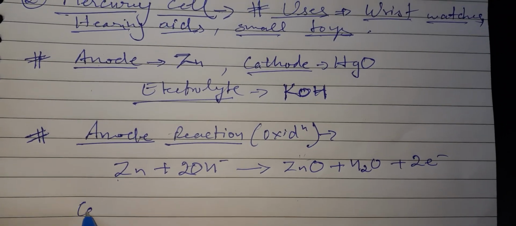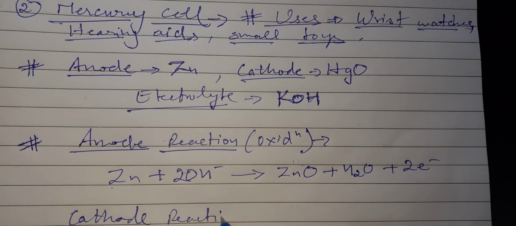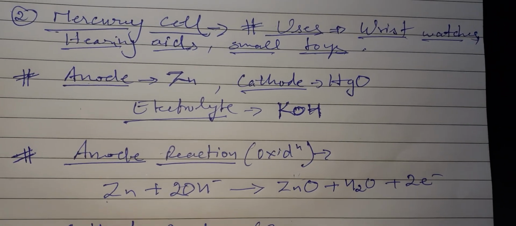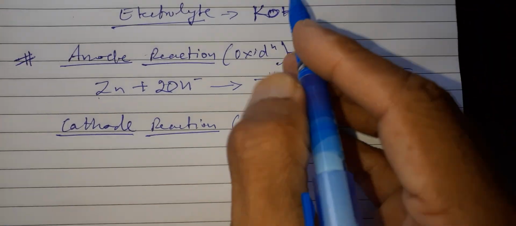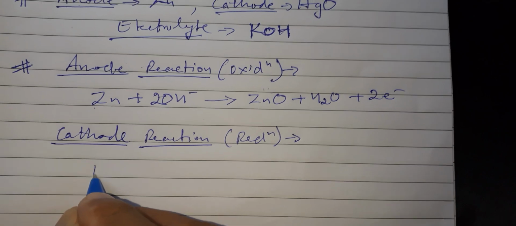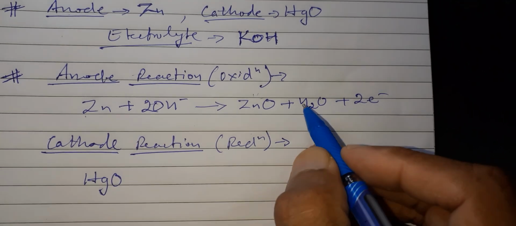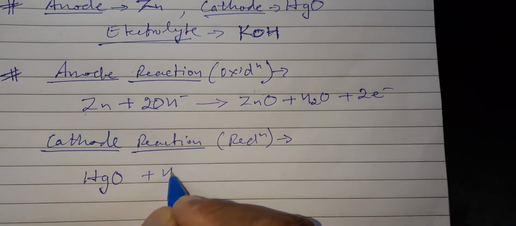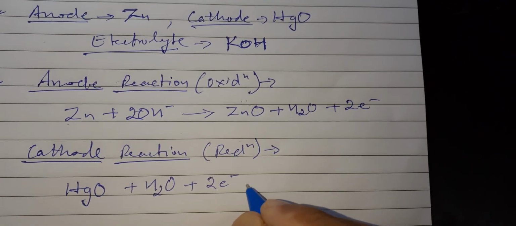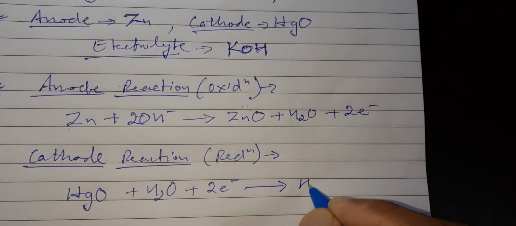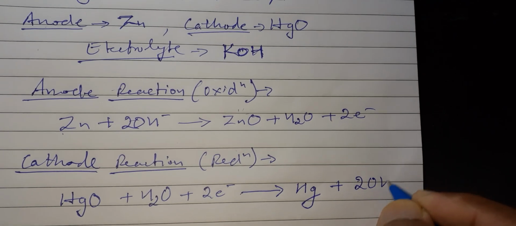Then comes the cathode reaction. What happens at the cathode of the mercury cell? Always reduction, at the cathode reduction always happens. And the cathode of the mercury cell, as we've told you already, is made up of mercuric oxide. So mercuric oxide at the cathode combines with water and 2 electrons formed at the anode, and the product formed is mercury plus 2 hydroxide ions.